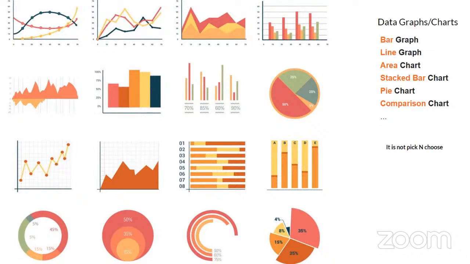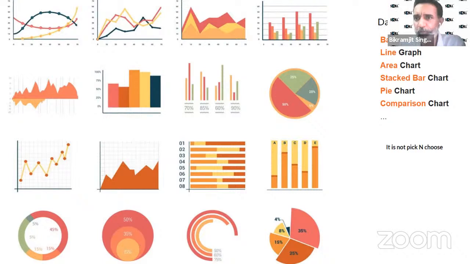Yes. So here is some example of the data graphs and the charts, various data graphs and charts. I've specifically written that it is not pick and choose. A pie graph cannot be used in place of a line chart or a bar graph because it may not be able to represent the data or the trend or the pattern.